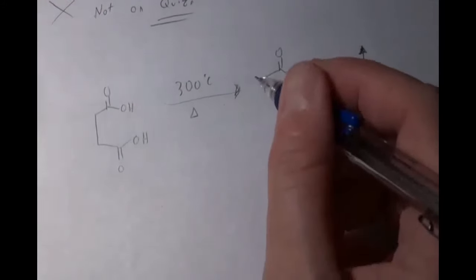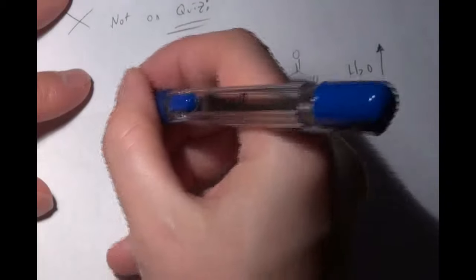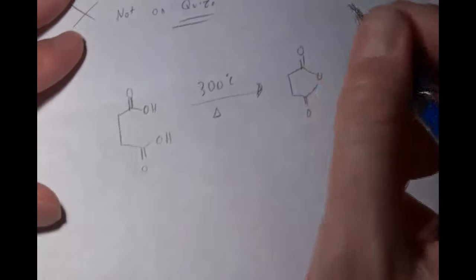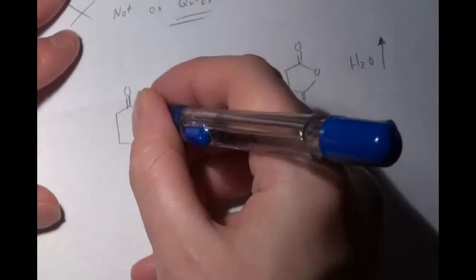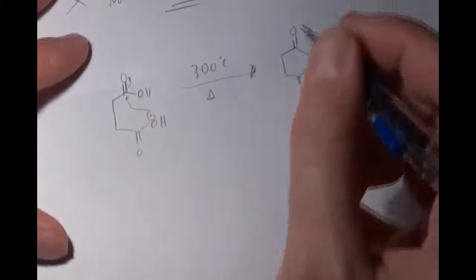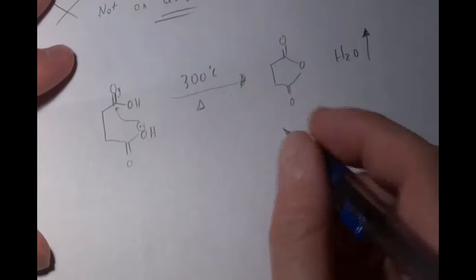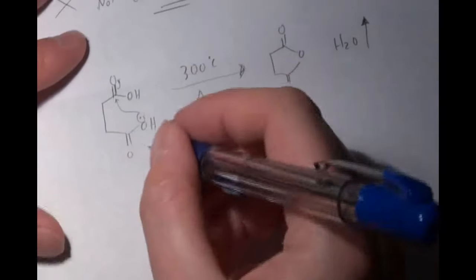So anyway, I will just show one mechanism for this. It's not that bad. I just don't think it's that exciting. That's why it would never be on a quiz or an exam. But just have the oxygen attack as a nucleophile. There's no base around or anything.